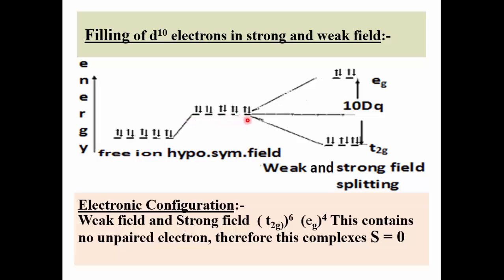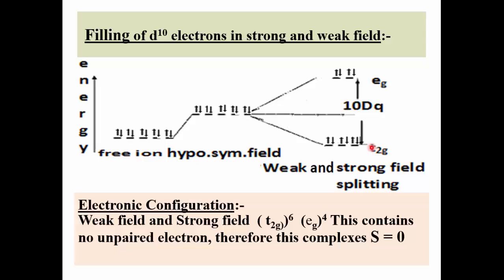All d orbitals contain 10 electrons. Now see again, the t2g orbitals are completely filled. The 3 t2g orbitals contain 6 electrons and 4 electrons now enter the eg orbitals, 2 in the first eg orbital, 2 in the second eg orbital. All orbitals are completely filled.